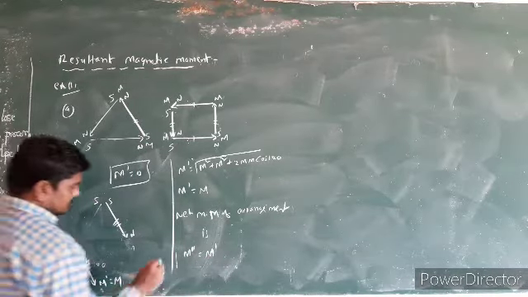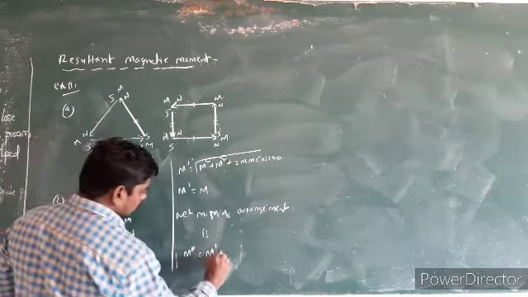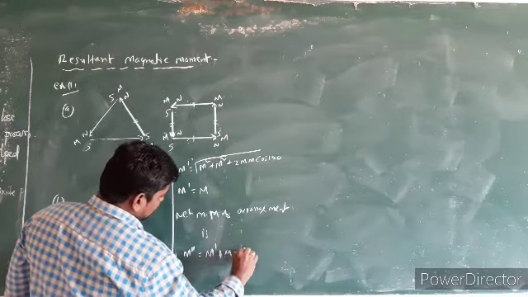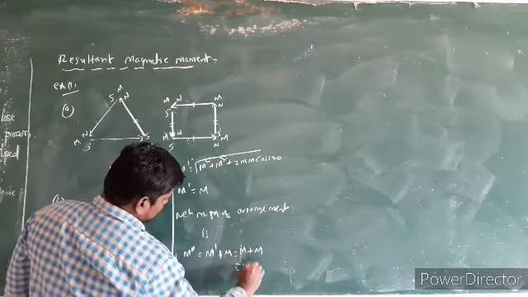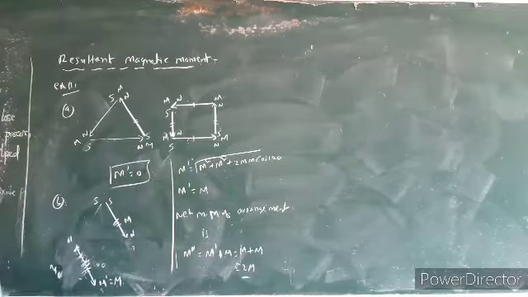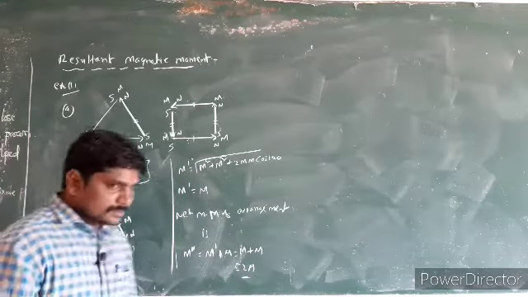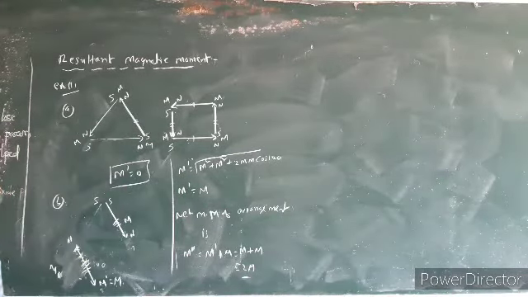These two are parallel, so the magnetic moment is m dash plus m. But m plus m is 2m. Here also it is the same. If you reverse any one of the magnets, the resultant magnetic moment of that combination will become 2m.